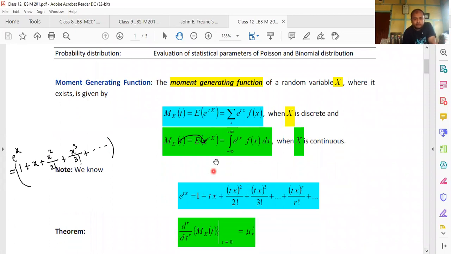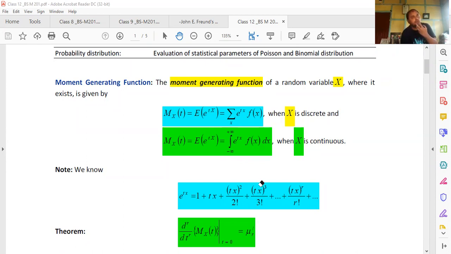In place of x, we have tx. So we are replacing all the x's by tx's over here. And in this manner, we get e to the power tx as 1 plus tx plus tx whole square by 2 factorial plus tx cubed by 3 factorial. And if you want to write a general term, tx whole to the power r by r factorial.